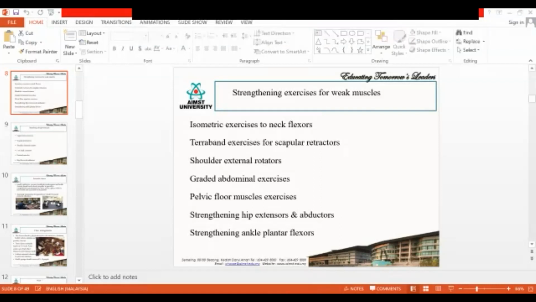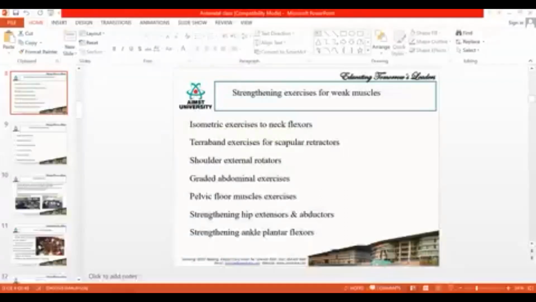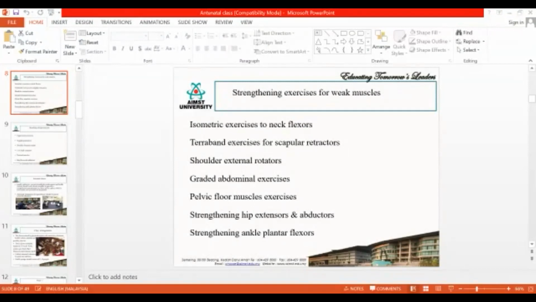Don't give them all the grade 4 and grade 5 exercises. They will not be able to do it, and even if they do, there won't be much result. So you can make them do simple grade 2 and grade 3 exercises. Don't give grade 4 and grade 5 exercises.